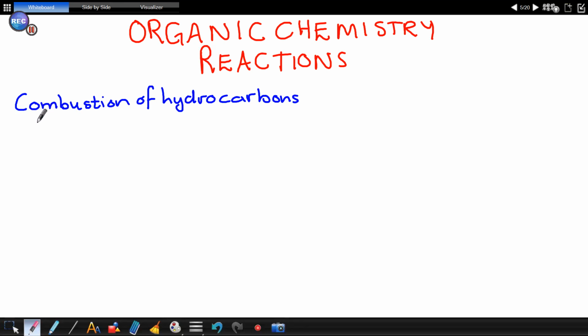So we'll do the combustion of alkanes, alkenes, and alkynes. Only the ones with carbon and hydrogen as part of the molecule. So that's our first reaction.